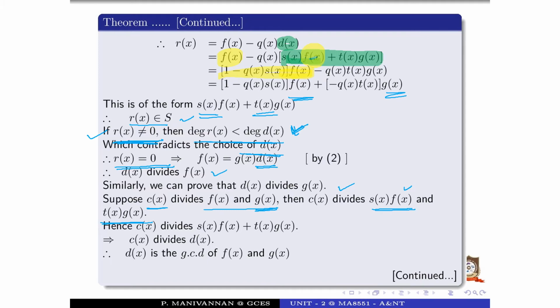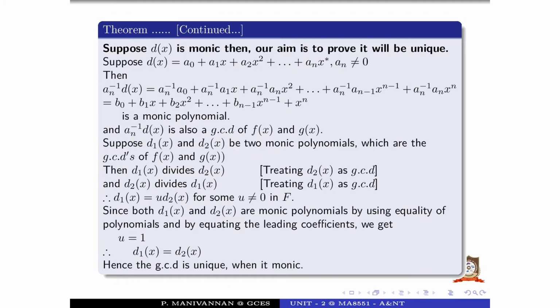If c of x divides this and this, then c of x also divides these two sums. Therefore, what is this value? It is d of x. Therefore, c of x divides d of x. Therefore, d of x is the GCD of f of x and g of x by the GCD definition. Hence the proof.